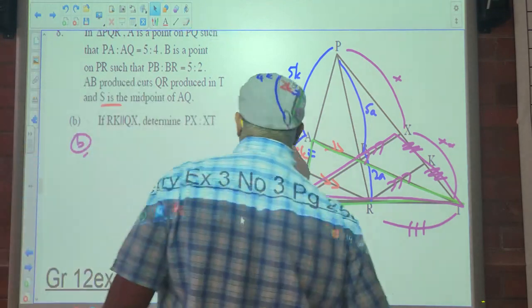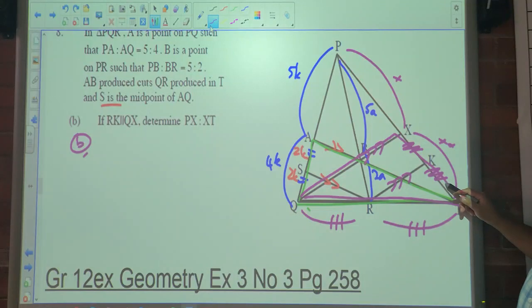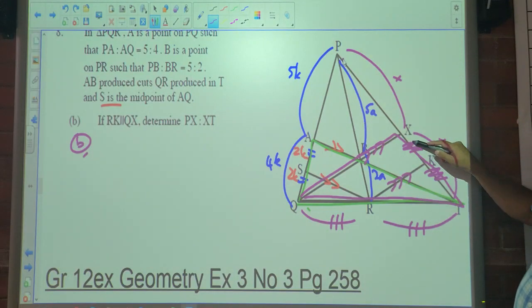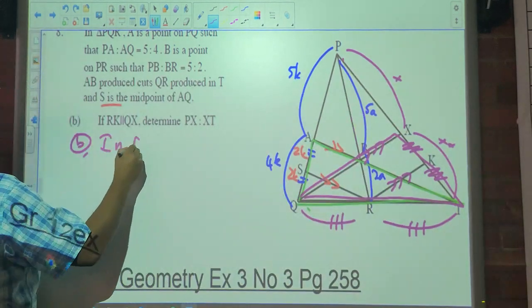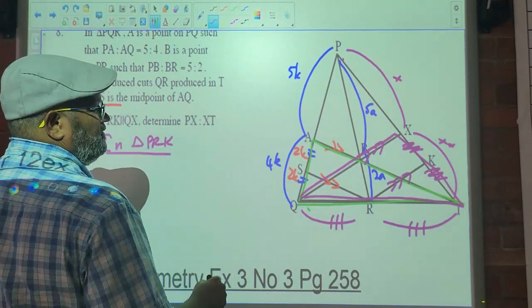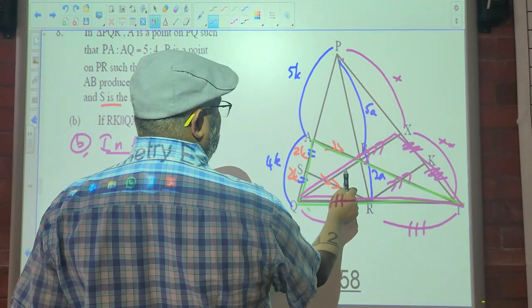So what I say now is that you see this line is equal to this line. But in triangle PRK, we know that that line is parallel, so we see that already.